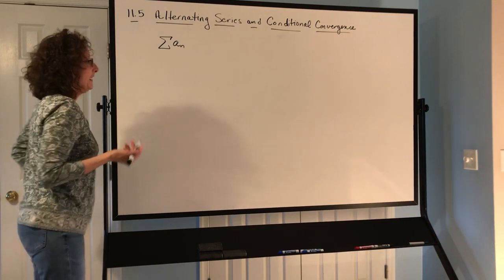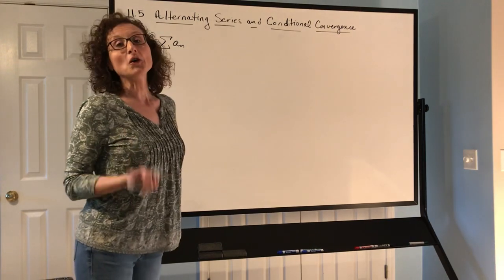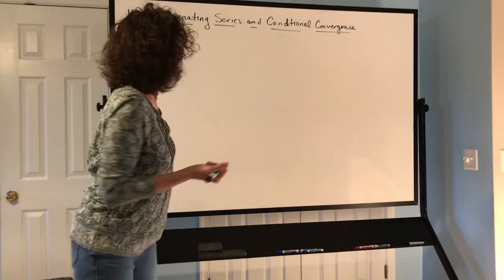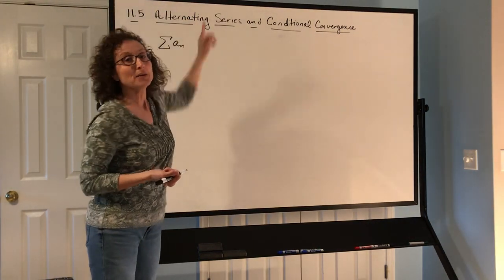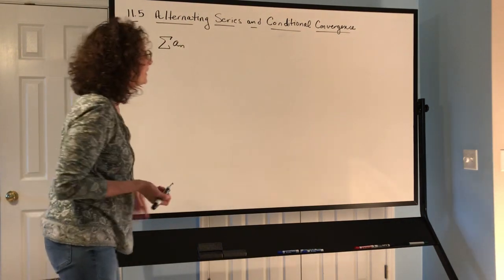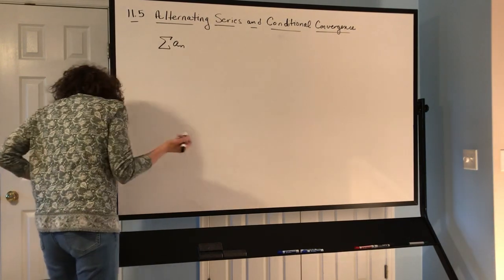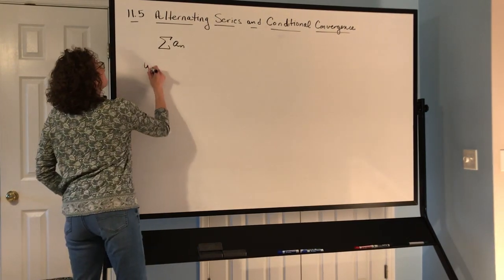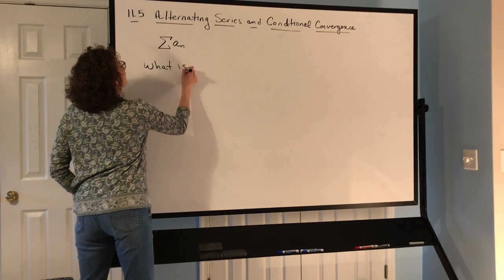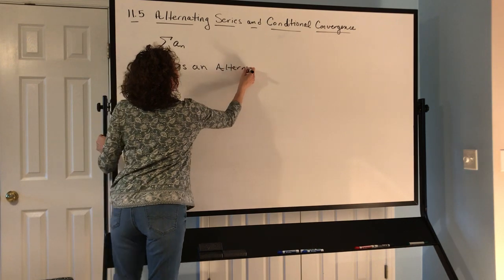Well, if that didn't work and you didn't get absolute convergence, then you better hope you have an alternating series. That's what this section is about. Because otherwise, there's really not a lot other than be clever. So what is an alternating series?